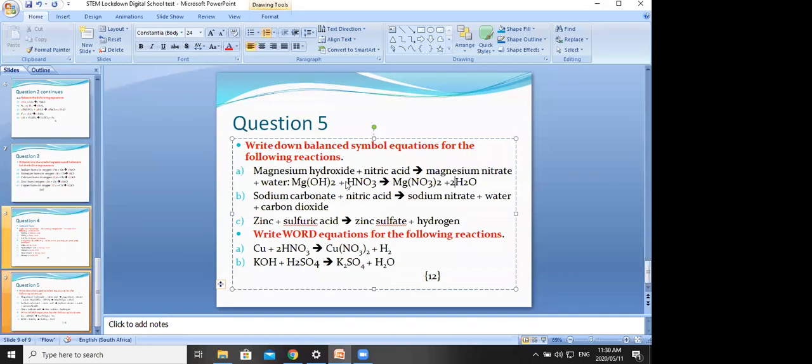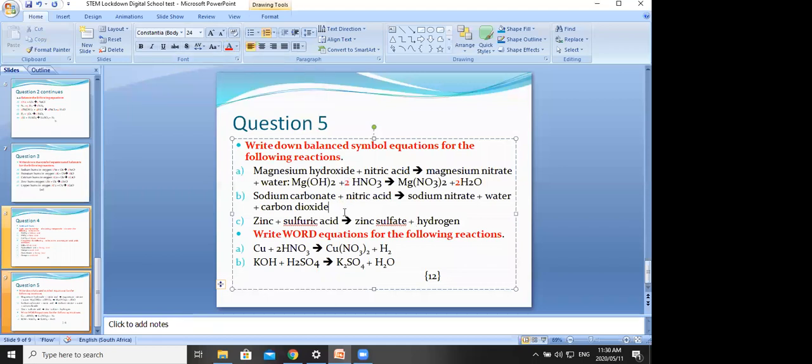If we put a 2 here, we've got 4 and 4. So our hydrogens are now balancing, right? Yes, sir. So everything else balances. Do you agree? Yes, sir. Let me put red so that people will see where we balanced. We balanced there and there. Our hydrogens were not balancing, so they're now balancing, and everything else balances.